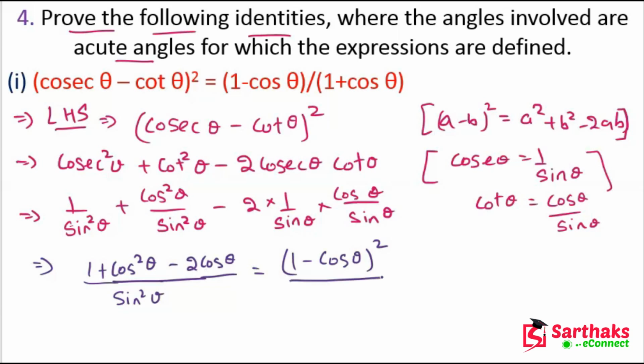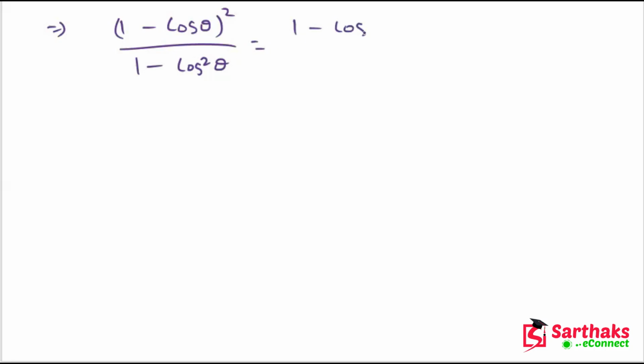And we can write the denominator as 1 minus cos square theta, we can write it easily. So this equation will become, here we have (1 minus cos theta) whole square, and we have 1 minus cos square theta.